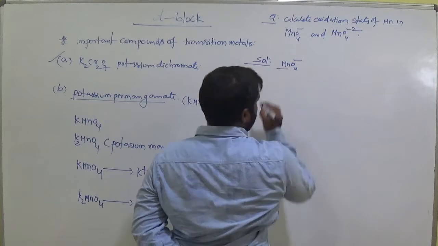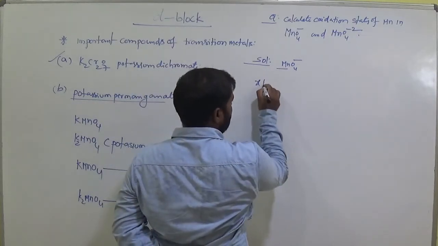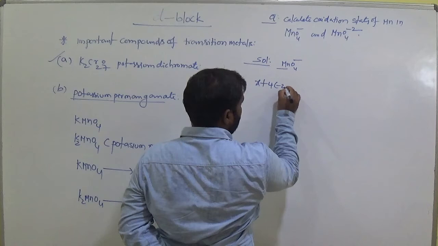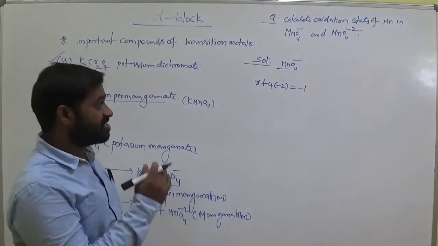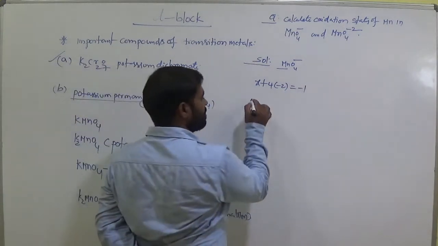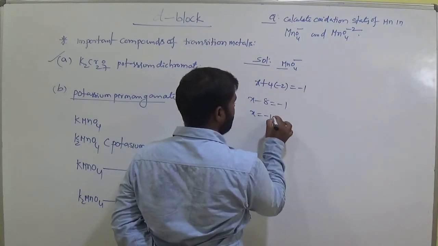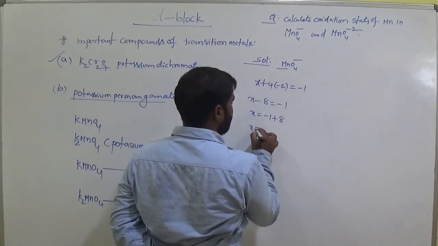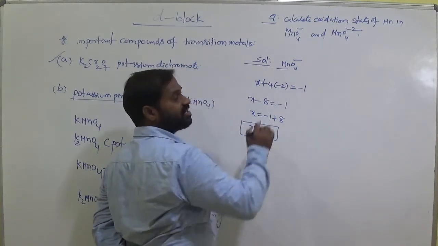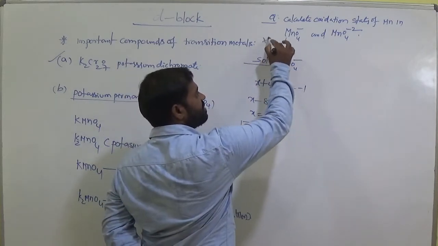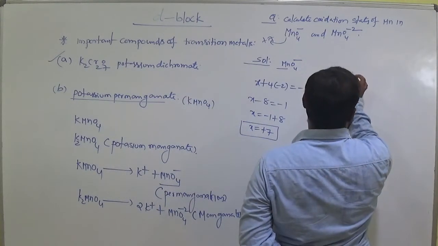This is the central atom here. How many manganese atoms do we have? Only one. x + 4(-2) = -1. Why is it minus 2? Oxygen carries minus 2 generally. So x - 8 = -1, x = -1 + 8, x equals how much? Plus 7. So the oxidation state of manganese here is +7.